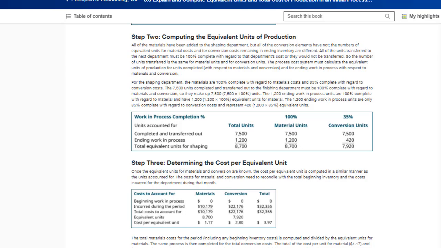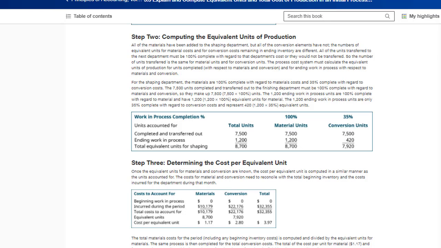Those 8,700 gallons of milk, the milk is all there. Look at the material units. The 7,500 gallons of milk that we shipped today to market had 7,500 gallons of milk.